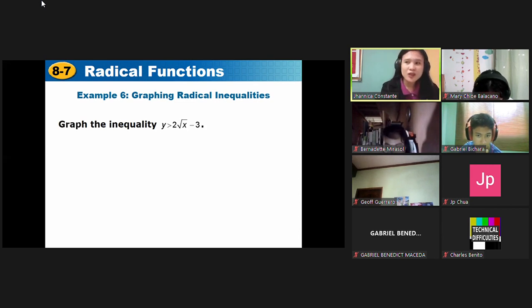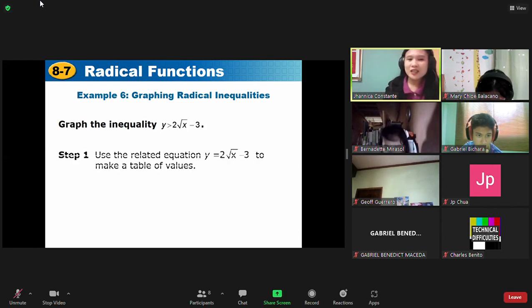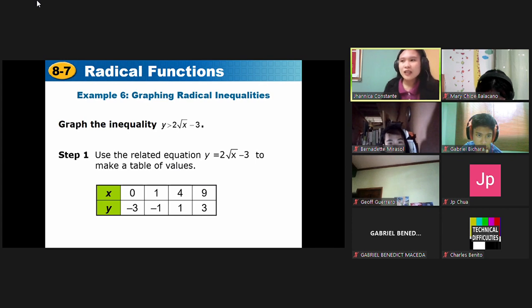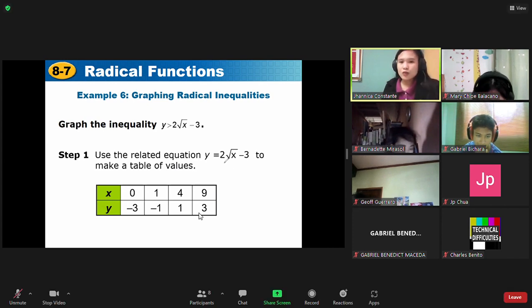So that is the one that we're going to solve. Given the value for the x, the same as how we solve radical function, you just need to substitute the given value of your x to our inequality function. So for example, the first value of our x is 0.